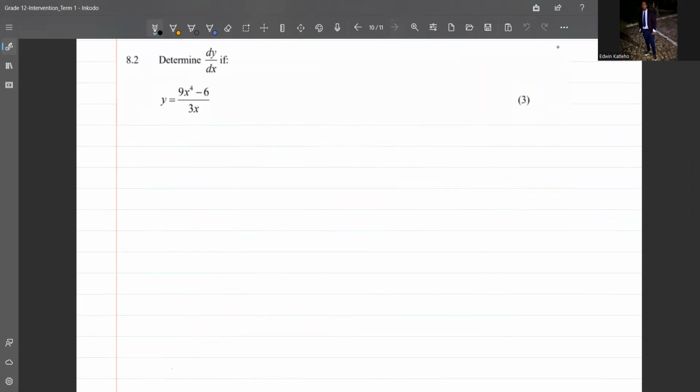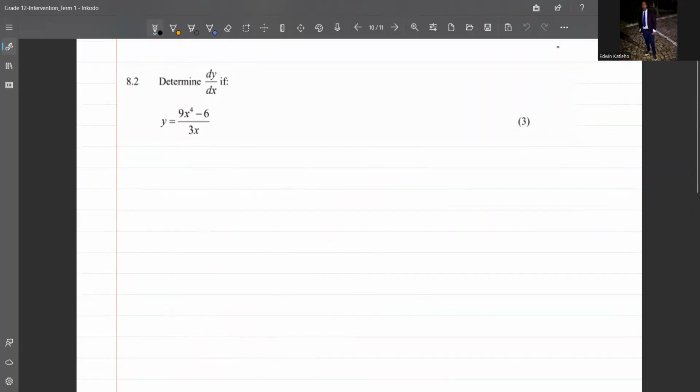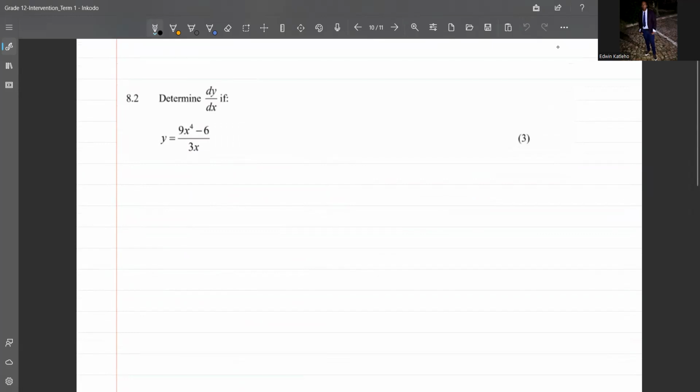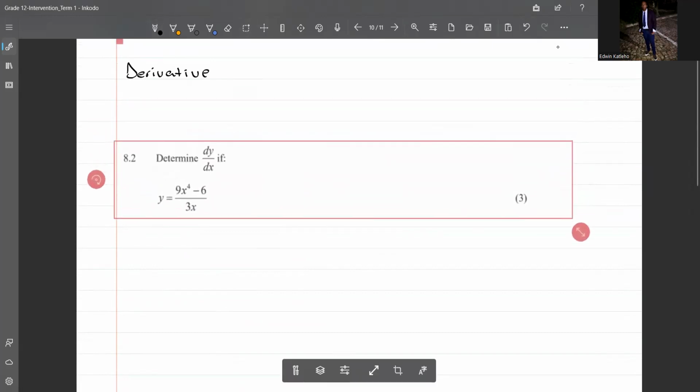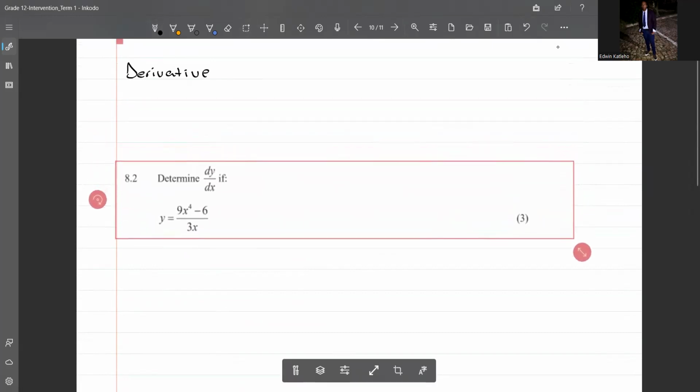I want us to look at how to find derivatives of expressions and derivatives of equations using derivative laws. So, derivative laws, the key thing that you need to remember is that you will be given three notations, and maybe I should actually cover that first before we do the question.